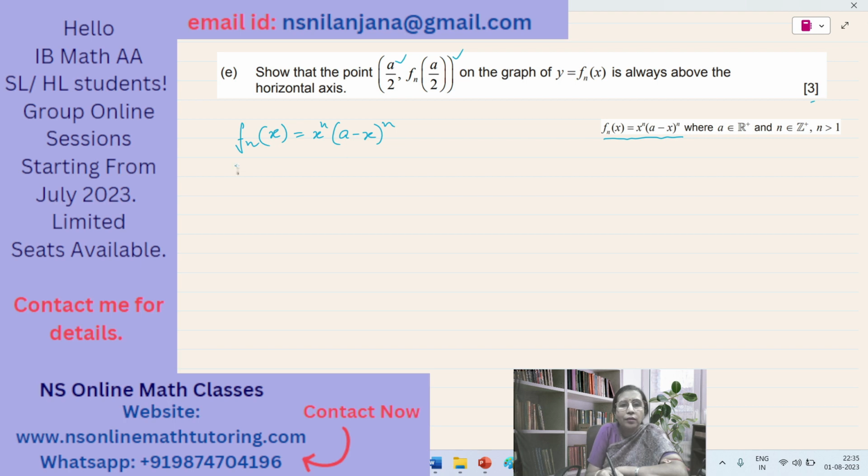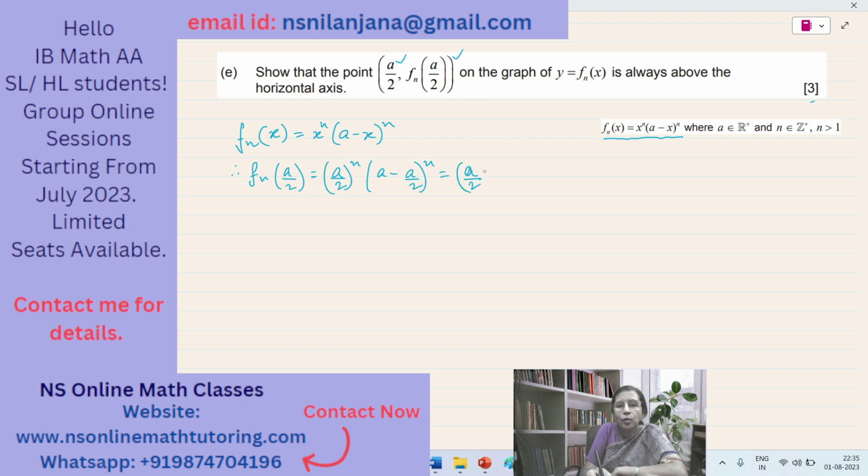So therefore, fn of a over 2, x equal to a over 2, will be a over 2 whole raised to the power of n times a minus a over 2 whole raised to the power of n. a minus a over 2 is a over 2.